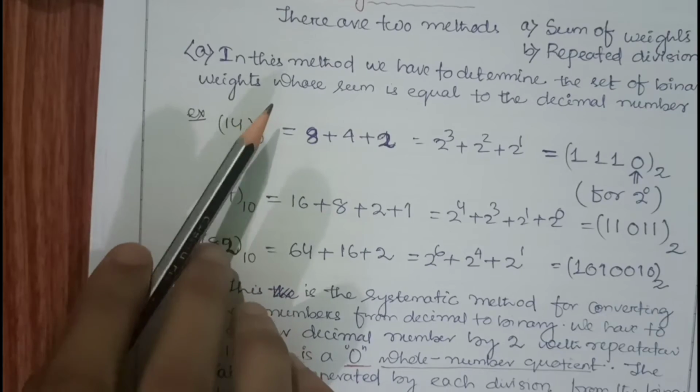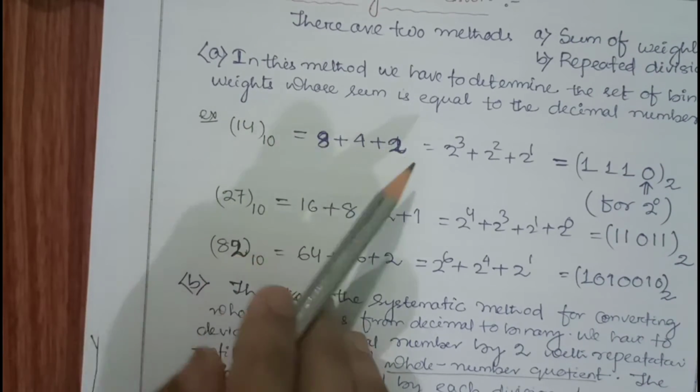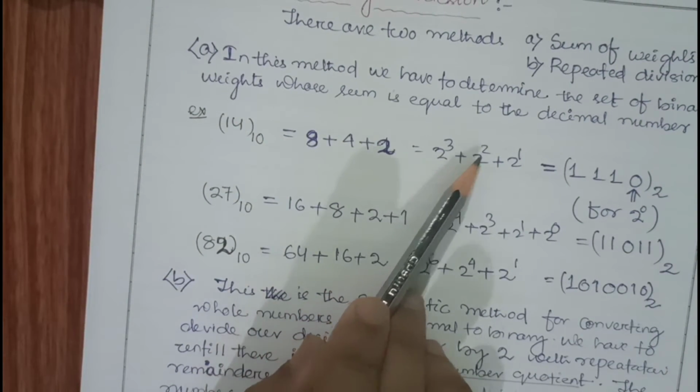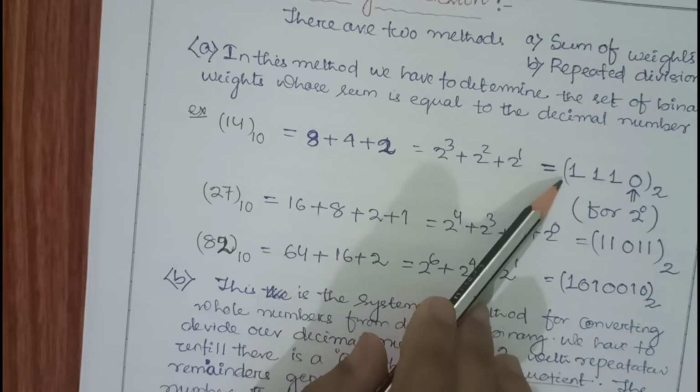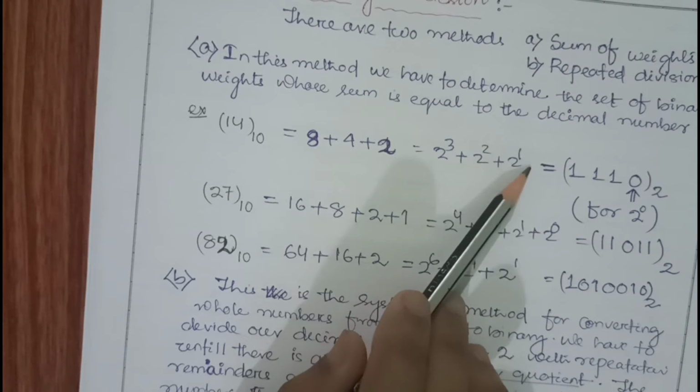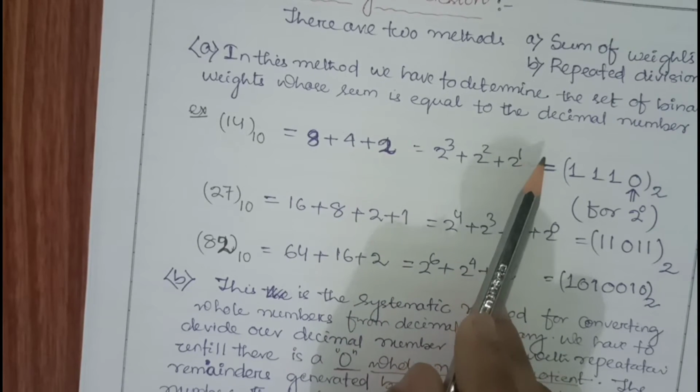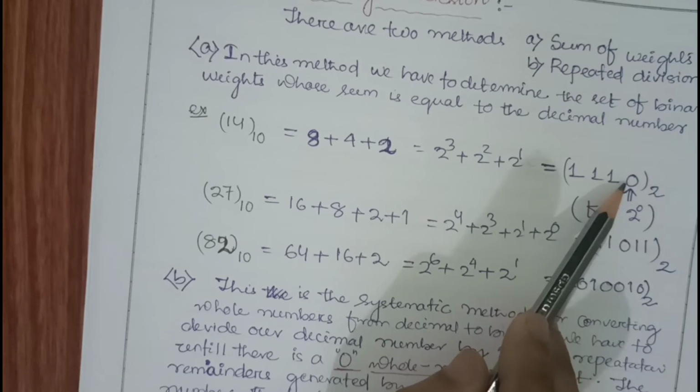If I add 8, 4, 2, I will get 14. When a power is there, write 1 in its place. When a power is not there, here 2 power 0 is not there, so in place of 2 power 0 you write 0.